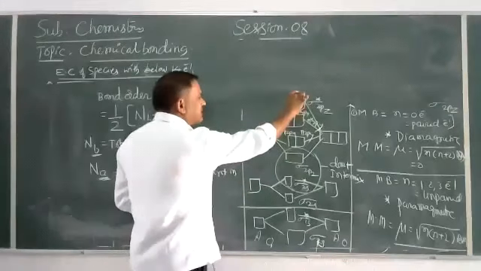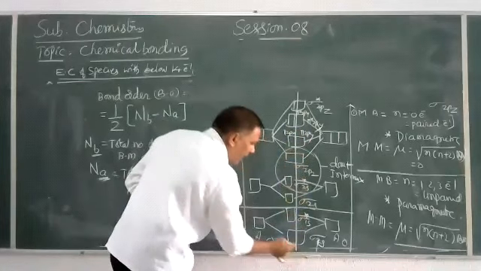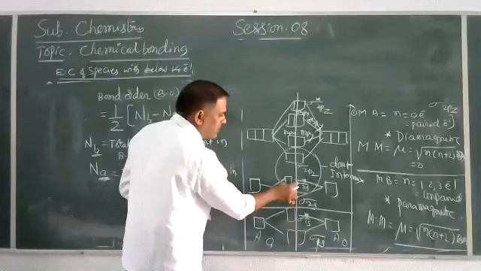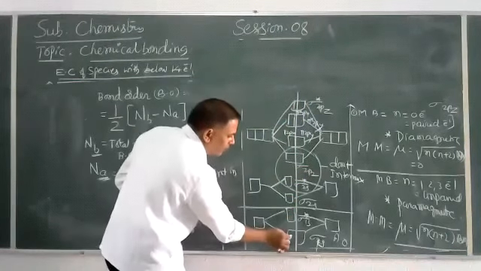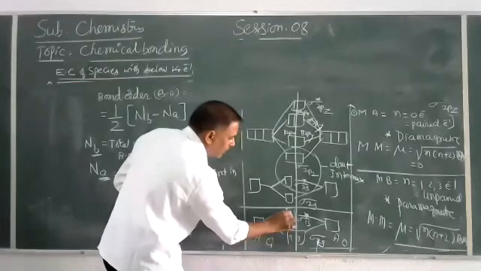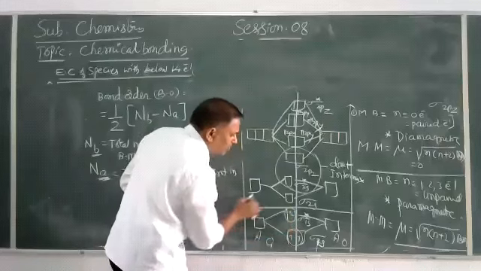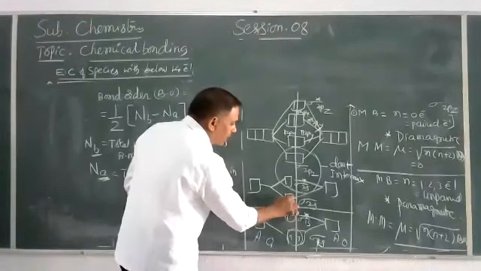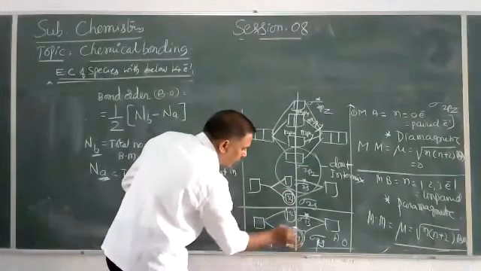Better you concentrate on the central molecular orbitals, either bonding or anti-bonding: sigma 1s, sigma star 1s, sigma 2s, sigma star 2s. Concentrate on these only. Here the number of electrons is 2, bonding electrons 2, and anti-bonding also 2. Both are the same. Here again 2 are there. Total bonding here 2 and here 2, 4 are there.